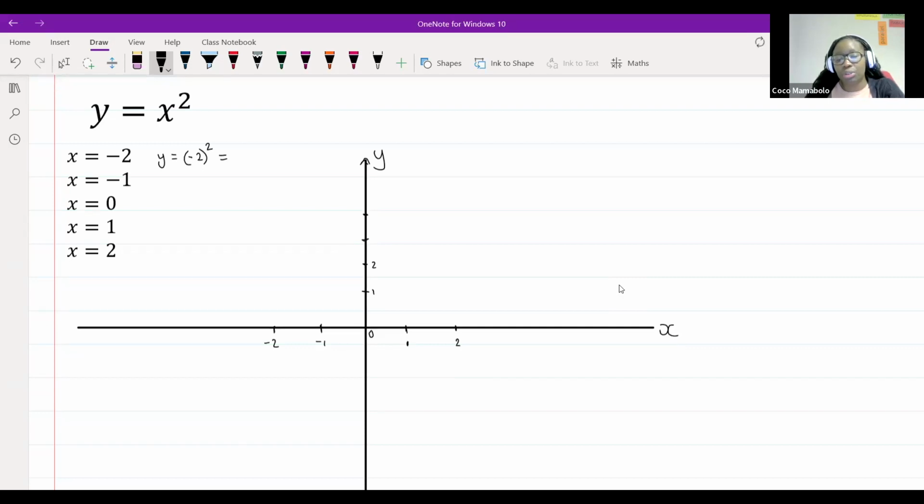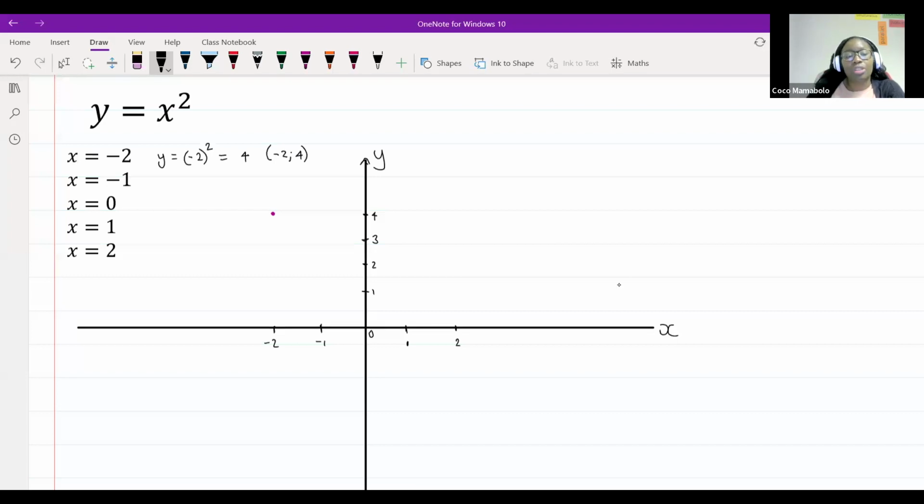So -2 all squared means -2 times -2. That should give us +4. Are you seeing what ma'am is saying? Okay, so we should get +4. Our graph should be over here. All right, excellent. By the way, the coordinate would be my x value -2 and my y value 4.